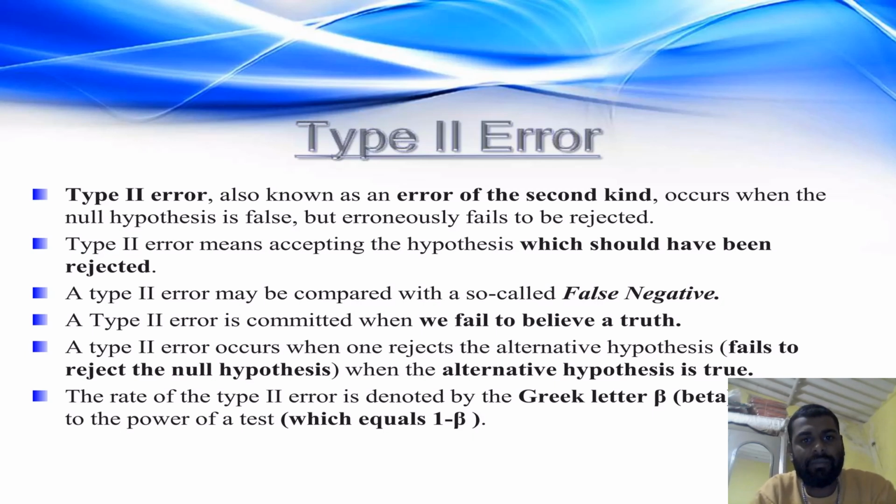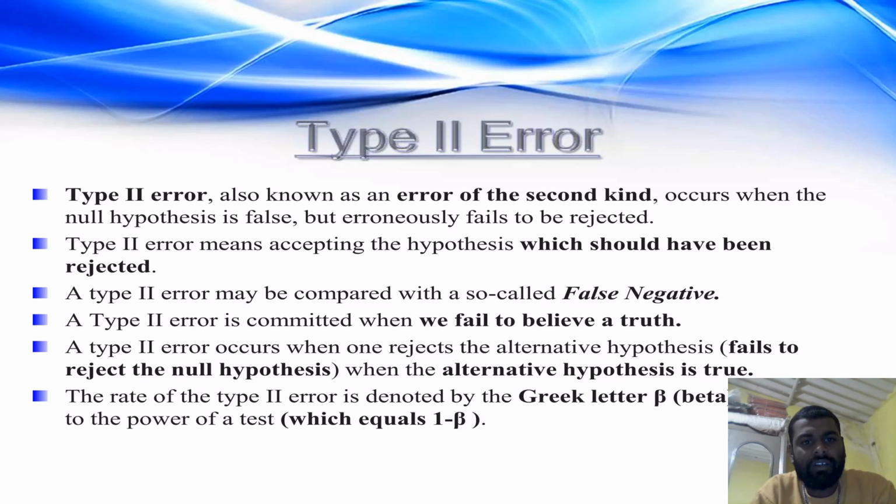A type 2 error may be compared with a false negative. A type 2 error is committed when we fail to believe a truth. A type 2 error occurs when one rejects the alternative hypothesis, failing to reject the null hypothesis, when the alternative hypothesis is true.